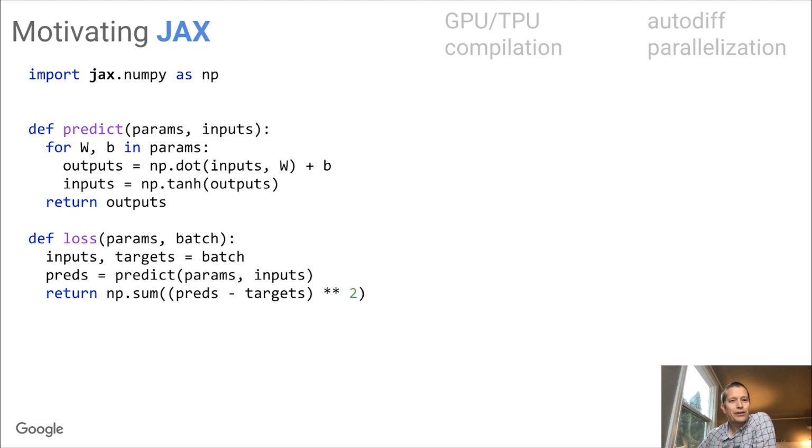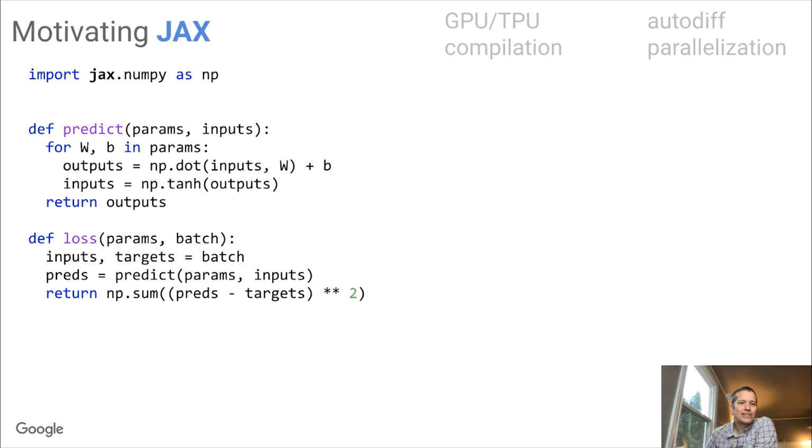So the difference is that we switch from import numpy as np to import jax.numpy as np. Now this jax.numpy is not NumPy, but it's an API that provides the same set of abstractions as NumPy.